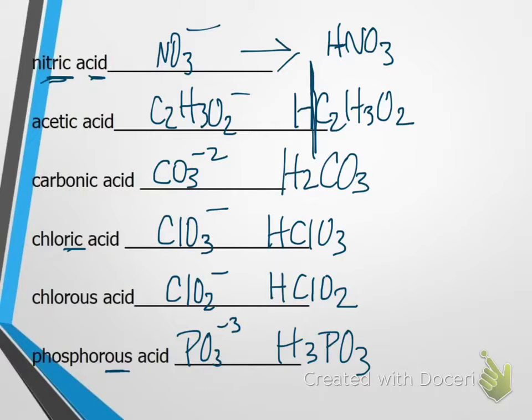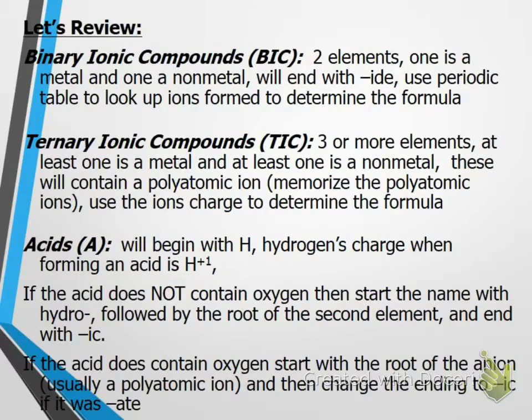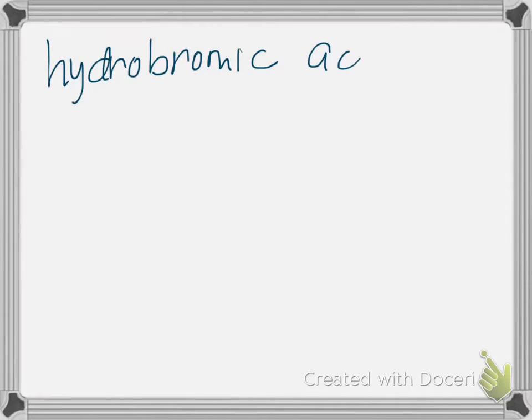Now, I didn't really practice the hydro- acids and all that, but let's do a couple of those, because those are actually the hardest ones to name because of the "ous" to "ite" and "ate" to "ic." So I'm going to add an extra page in here. If I said write the formula for hydrobromic acid, how would I write that?